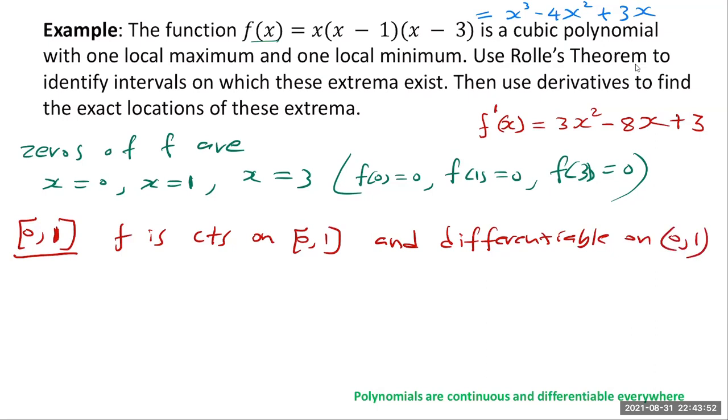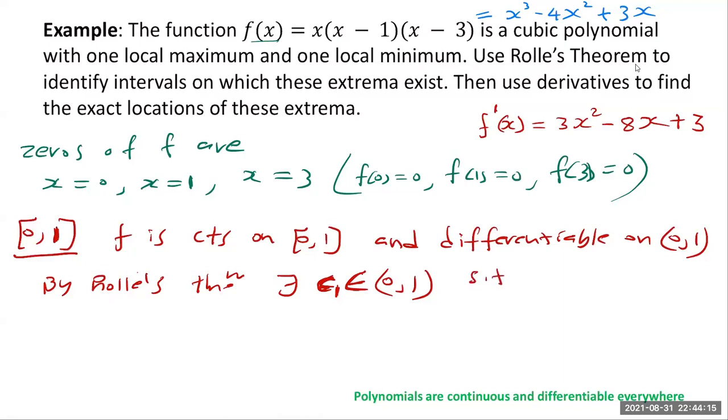So by Rolle's theorem, there exists some C value. I'll call that C1 instead of C. There exists some C1 between 0 and 1 such that f prime of C1 is equal to 0.